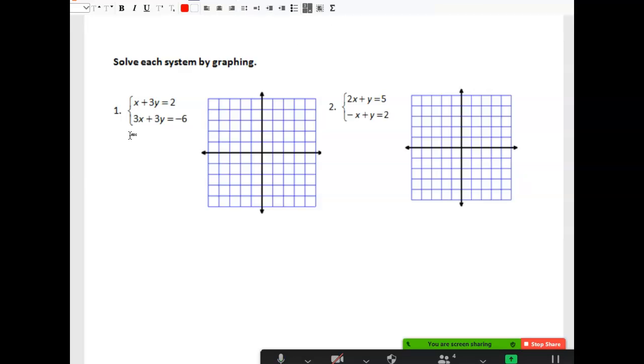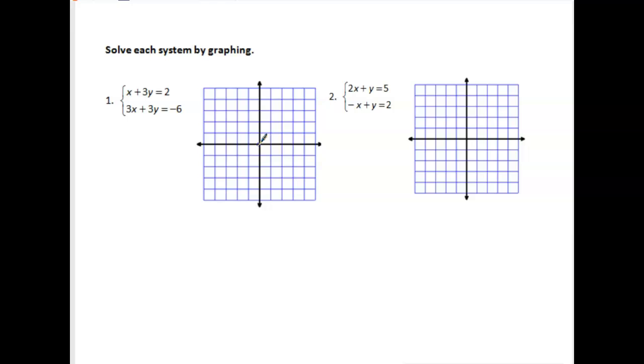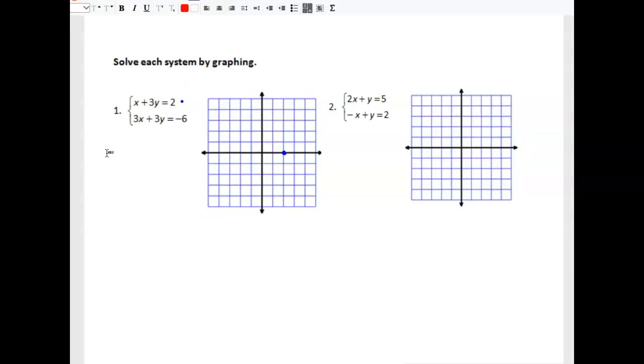So number 1, our x-intercept when y is 0 is at 2. So when y is 0, x is 2. And then my slope for that first equation would be subtracting over x and dividing by 3. So equation number 1 would be y equals negative x thirds plus 2 thirds.